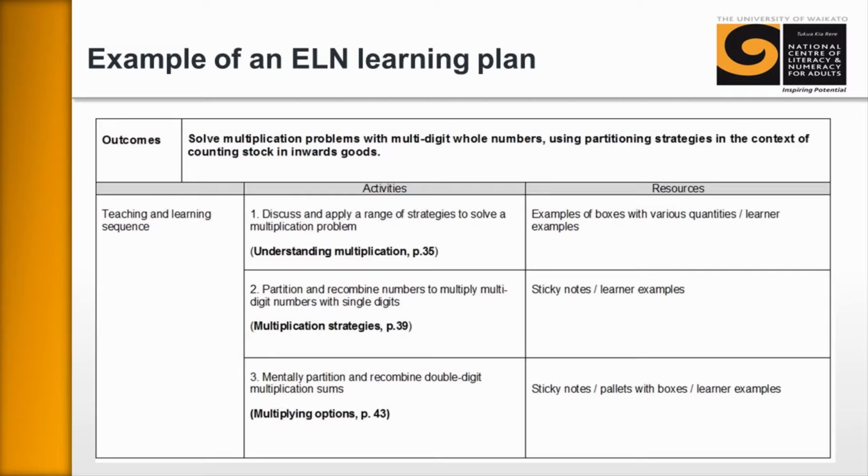Okay, so let's look at activity number 1 on our learning plan. Discuss and apply a range of strategies to solve a multiplication problem. And this is taken from the activity found on page 35, Understanding Multiplication. And the resources are examples of boxes with various quantities and learner examples.